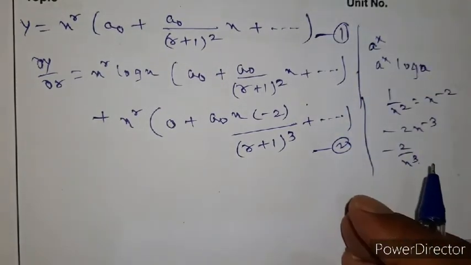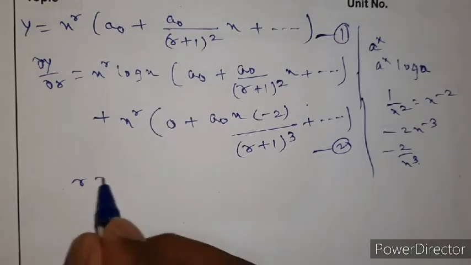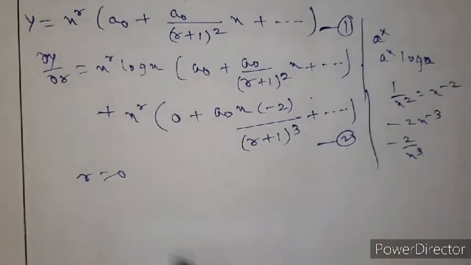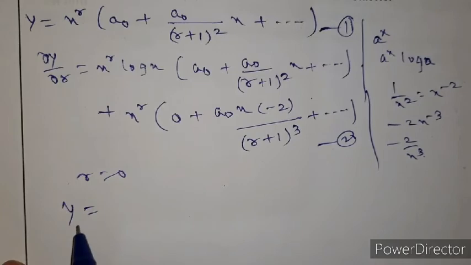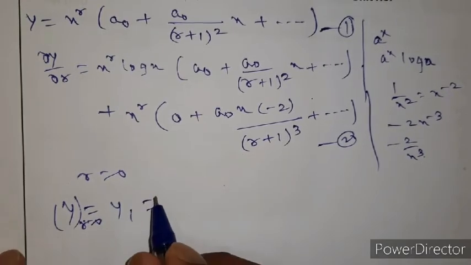Okay, so these are the two equations we get here, first one and second one, or you may call them third and fourth, no problem. Now put here r equal to 0, because our root is r equal to 0 repeated two times, 0 0 root we get. So find y at r equal to 0, or you may call it y1.